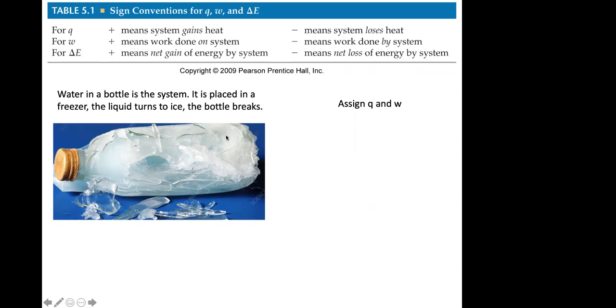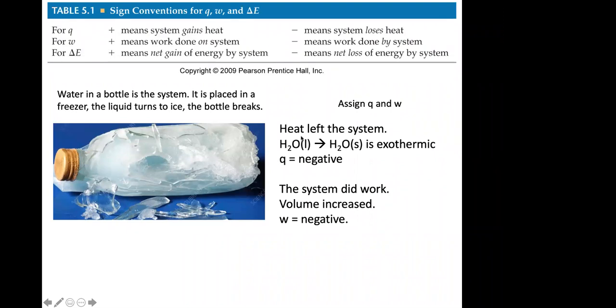And the bottle breaks. For this process, assign Q and W for it. The system was the water in the bottle. I would say in this one, heat left the system when it went from being a liquid to the solid.